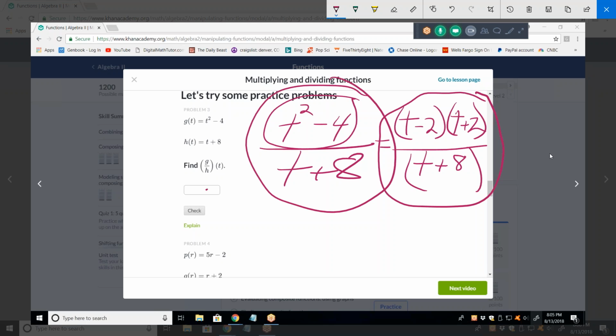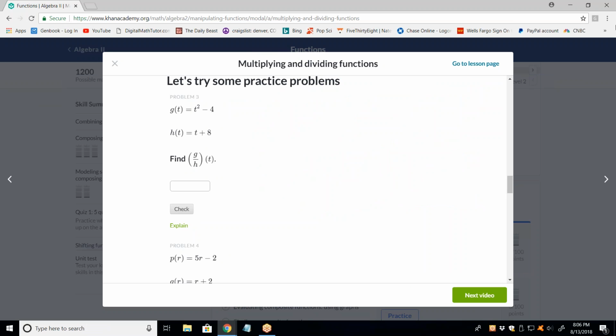Since there's no way to simplify it, then we'll just put what we had, which is t squared minus 4 over t plus 8. In other words, factoring is good, but it doesn't really do any good if it doesn't help simplify it.